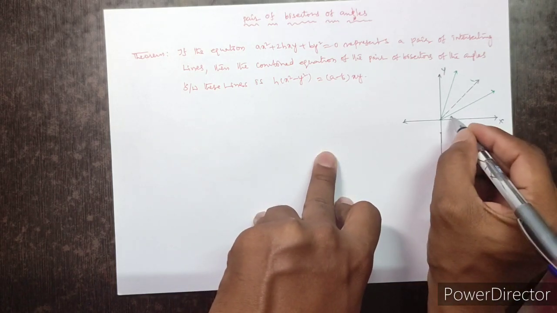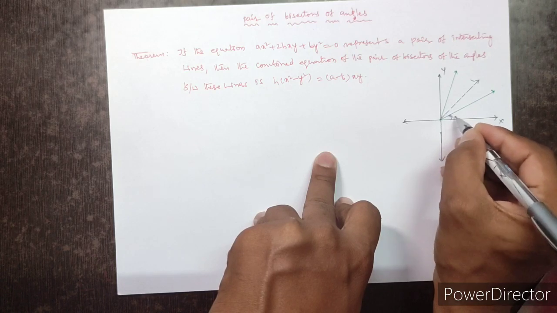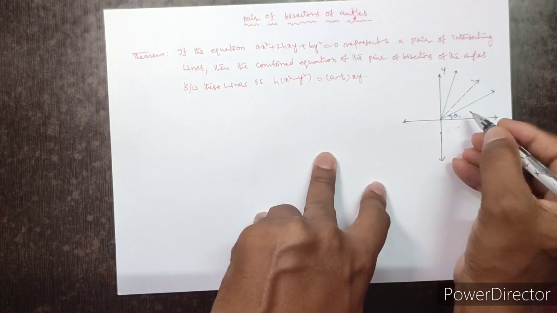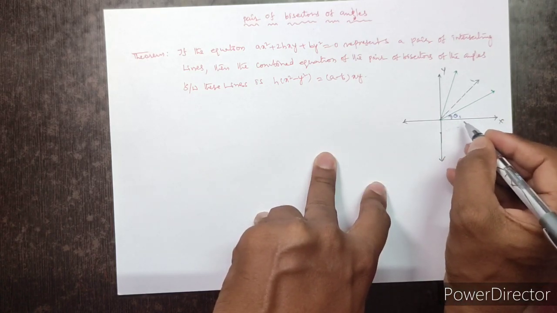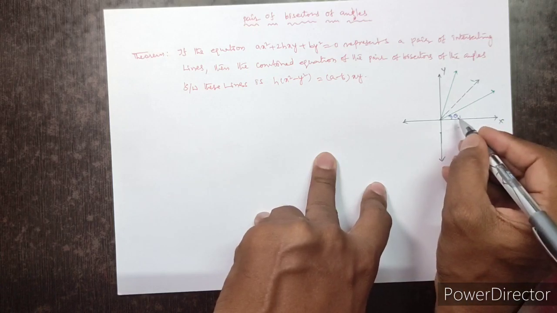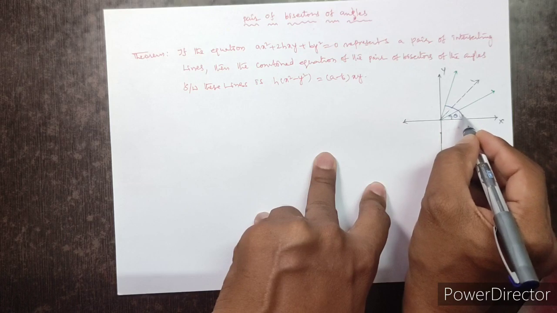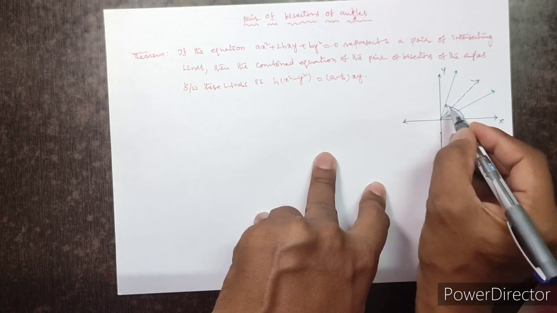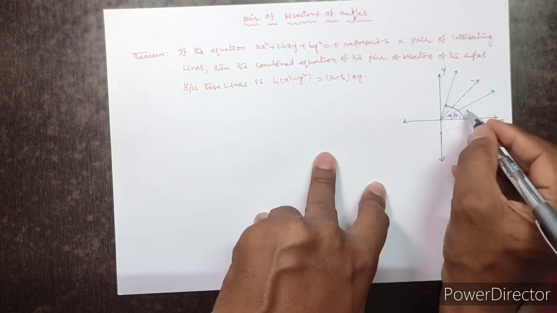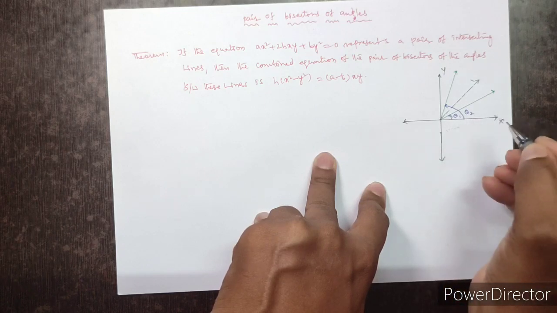So this is theta 1. The line makes an angle with the x-axis in the positive direction, and this is the angle theta 2.